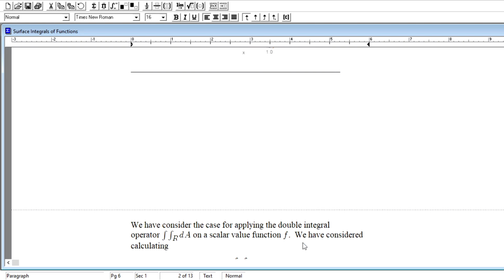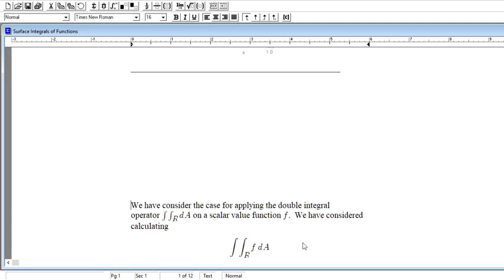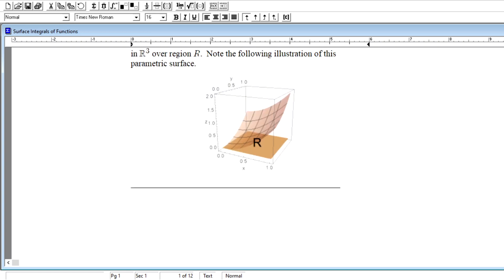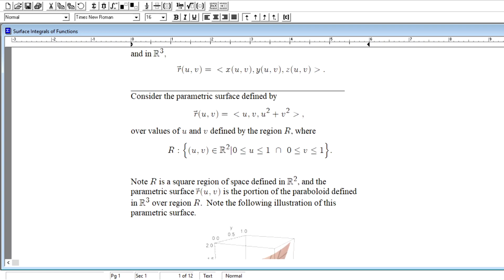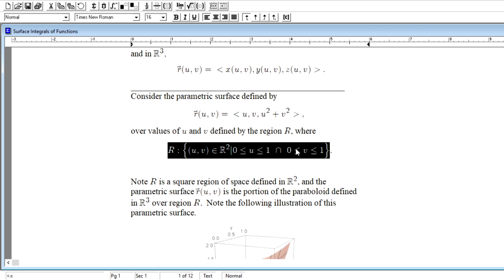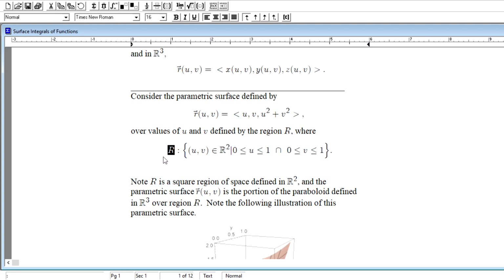Now, that's parametric surfaces, folks. That's an introduction to parametric surfaces. It's essentially a multivariable vector valued function that defines a parametric surface over values of the parameter defined in 2-dimensional space as region R here.